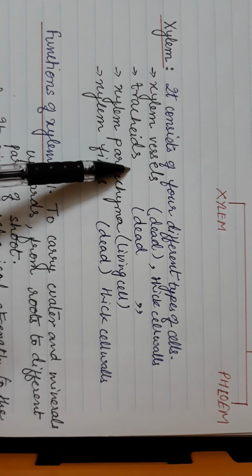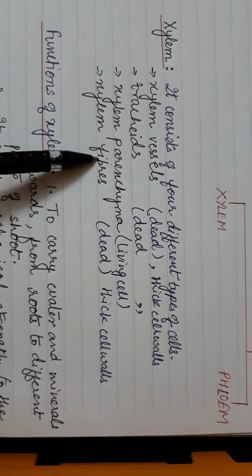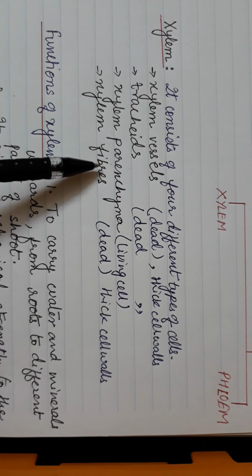These tracheids are usually long, narrow, and they have tapering ends. Then we have xylem parenchyma, the only living cell in the xylem, which helps in storage of food. Xylem fibers, they provide strength to the tissue. So together they function as a unit.